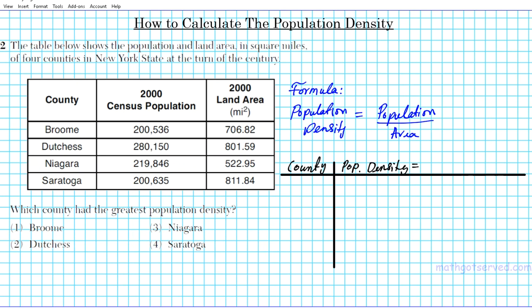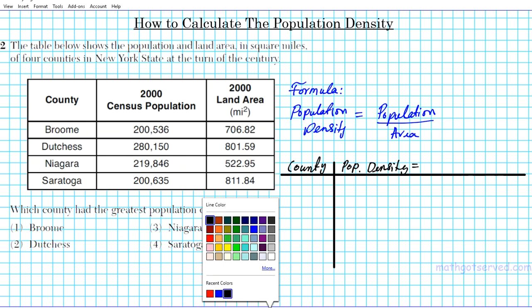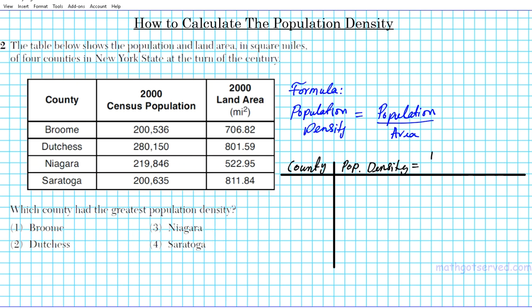Alright, we're going to use a calculator to help us out with this one. So population density is population divided by area.